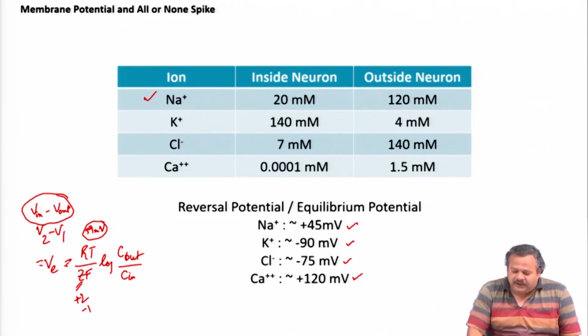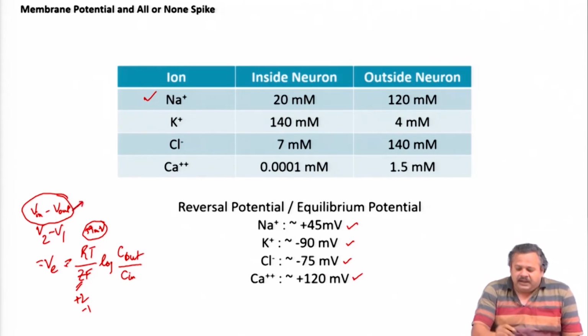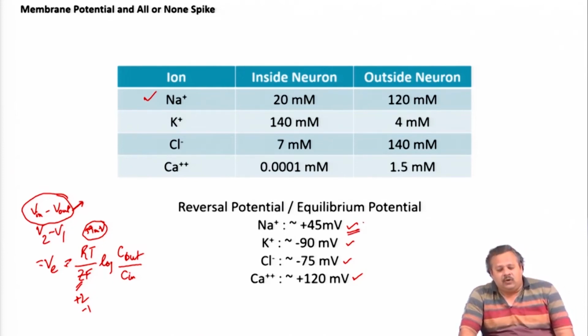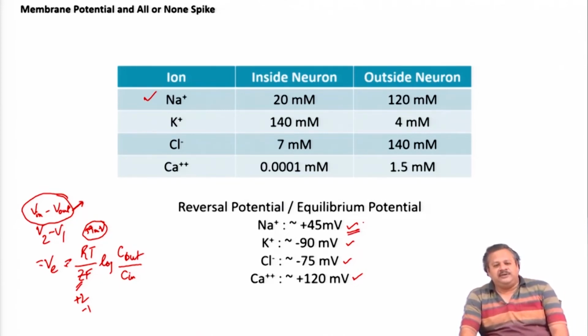As we have been saying, if the membrane potential, that is this V in minus V out, is equal to +45 millivolts, then sodium cannot flow across the membrane, or rather the net flow of sodium will be 0 across the membrane. That is, the amount of sodium going out and coming in will remain equal.